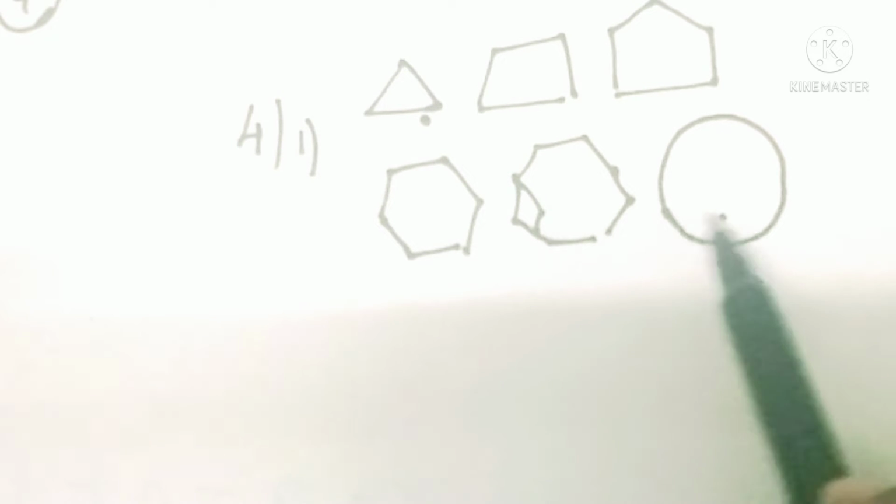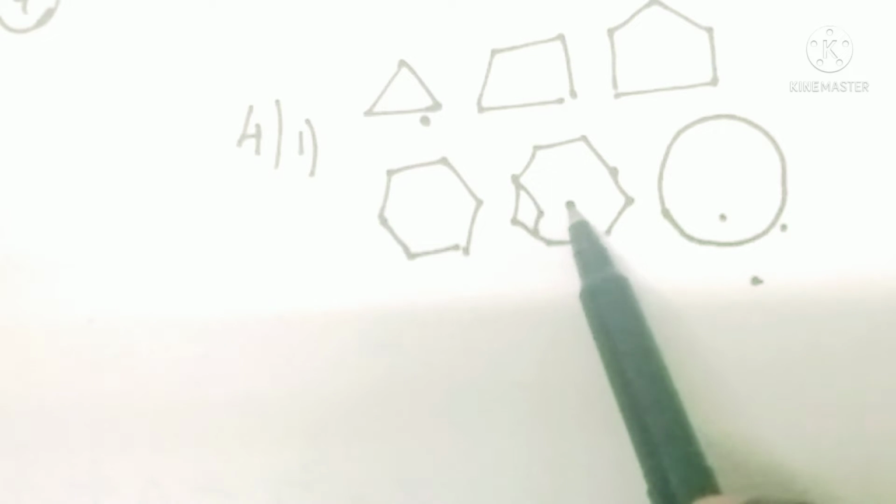So how are prisms and cylinders alike? When the number of sides of the prism increases, as it increases, it will become a cylinder.